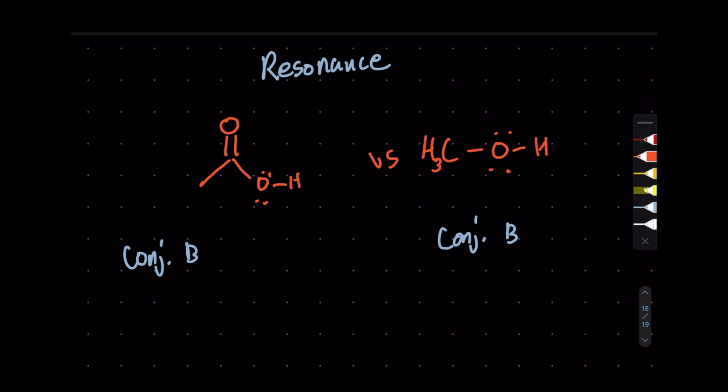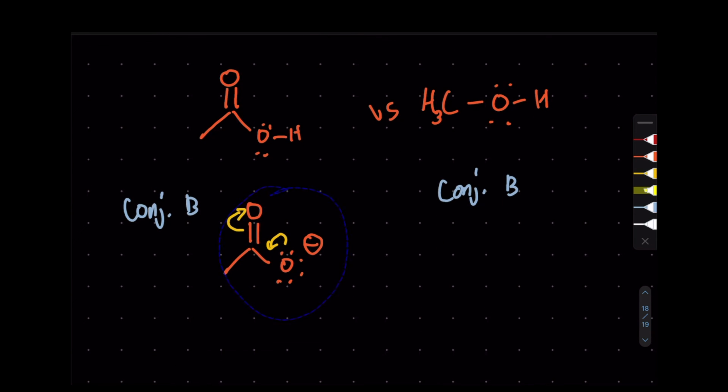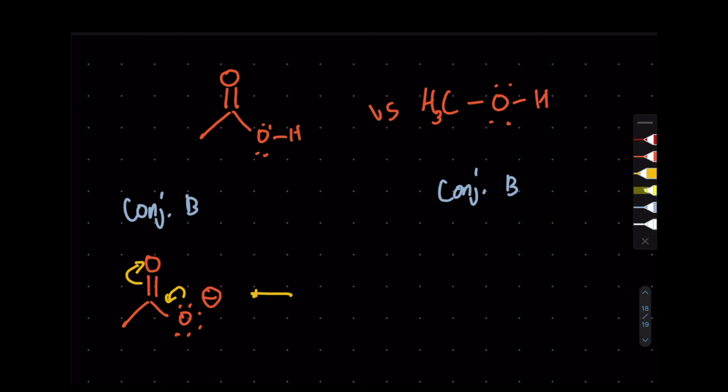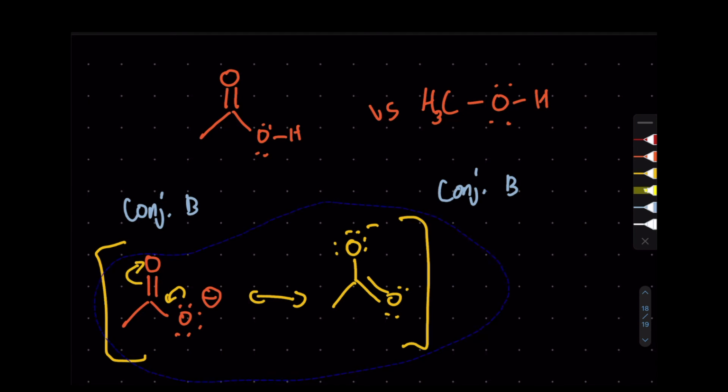Carboxylic acid, when you deprotonate it, has this negatively charged oxygen. What it can do is move the electrons, forming a pi bond, and then push over the pi bond electrons, forming another resonance structure that almost looks identical. So we've got two resonance structures for carboxylic acid.